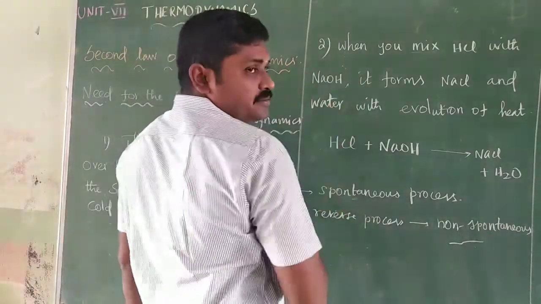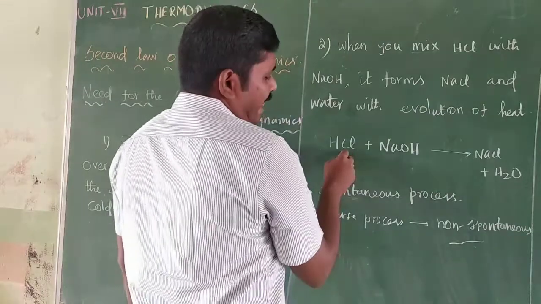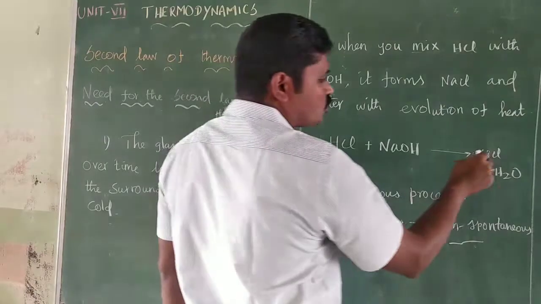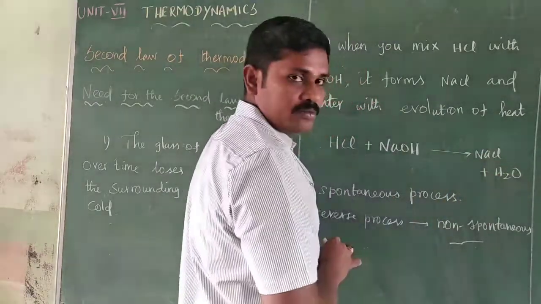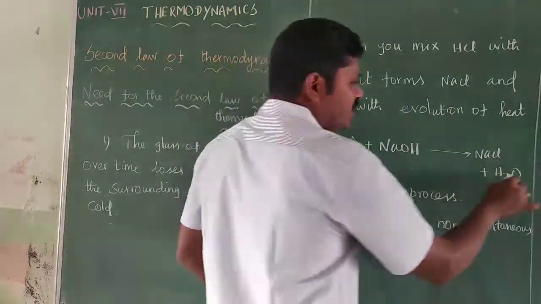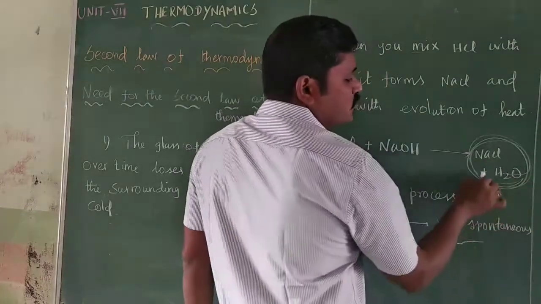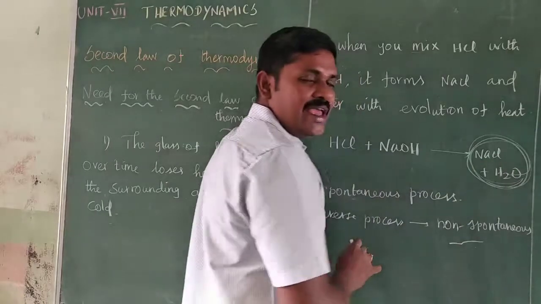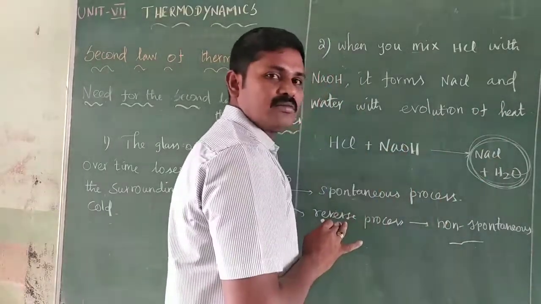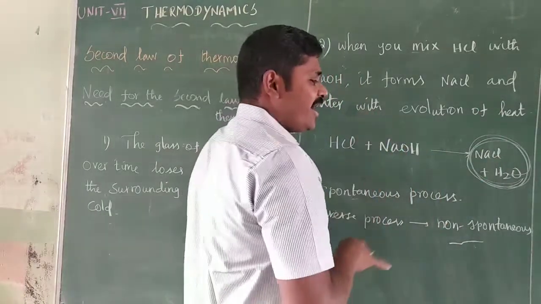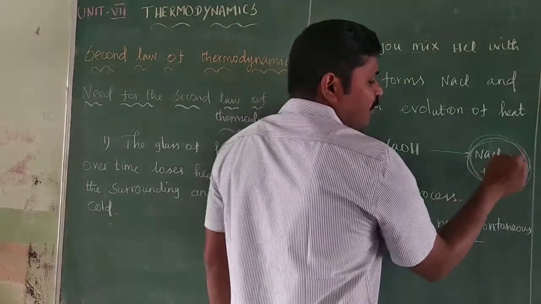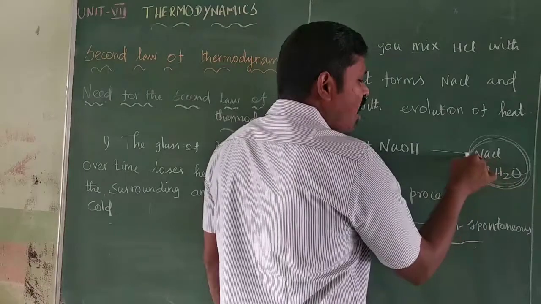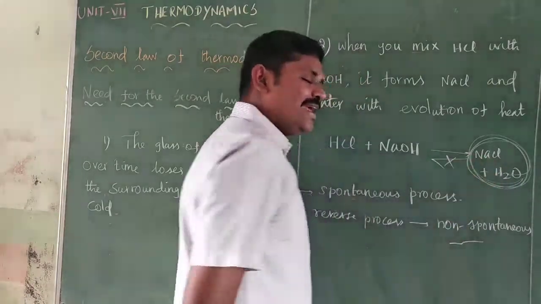In the second one, hydrochloric acid reacts with sodium hydroxide to give sodium chloride and H2O. In the reverse process, the solution of sodium chloride does not absorb heat energy on its own. Even manually supplying heat energy, this process cannot take place reversely.